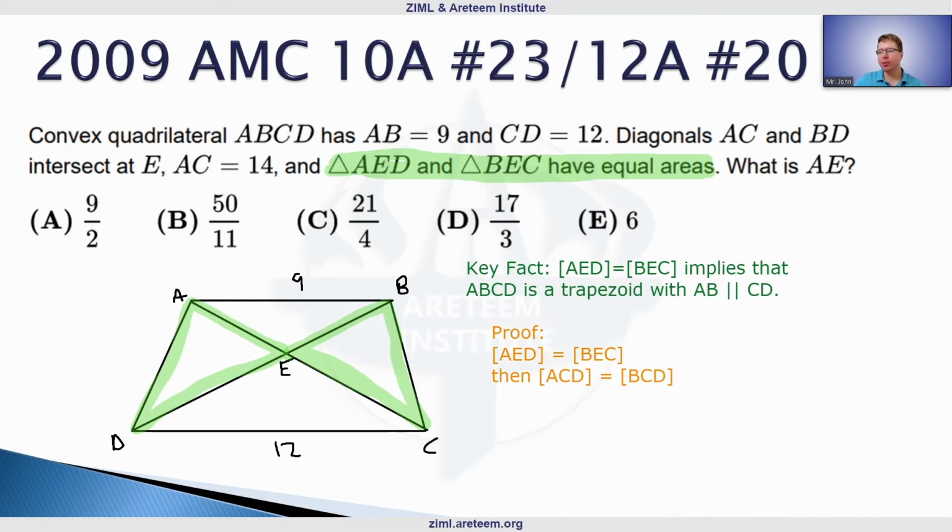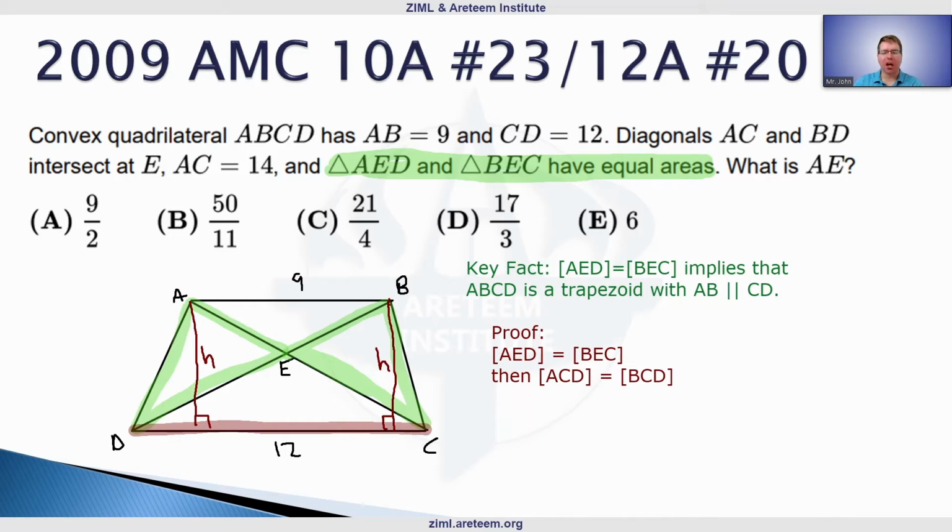And this should make us think of our same base, same height type of things. These have the same base. They both have that base CD in this scenario. And if we draw the heights down, we have a height here and we have a height here. Again, this is common trapezoid stuff. We have those two heights.